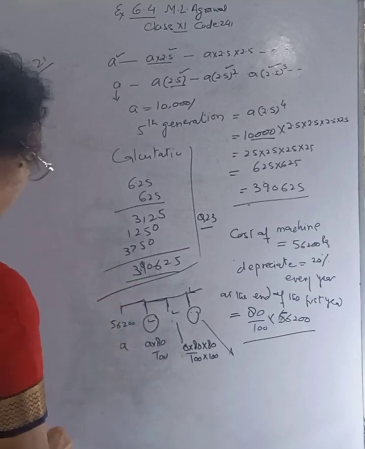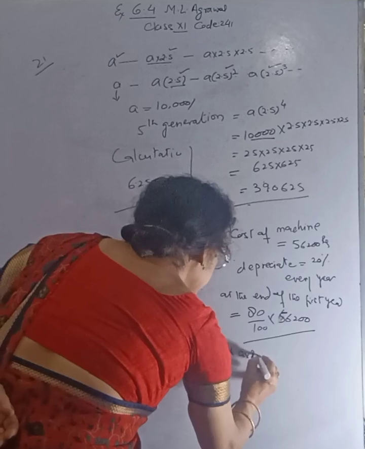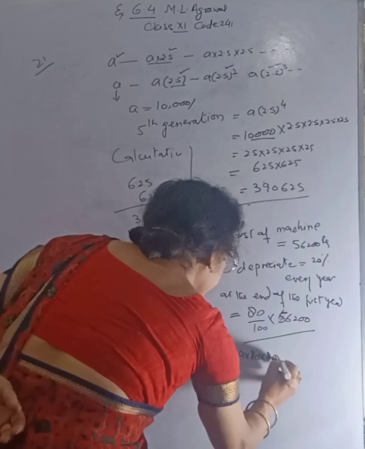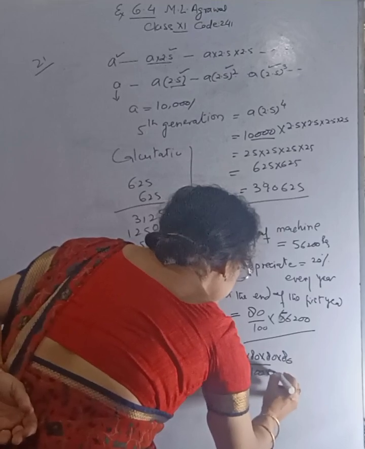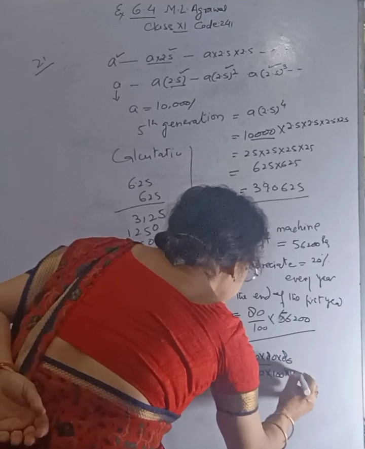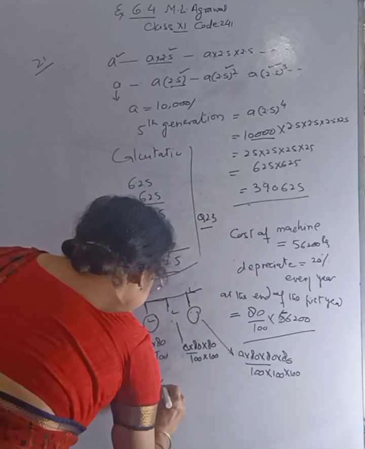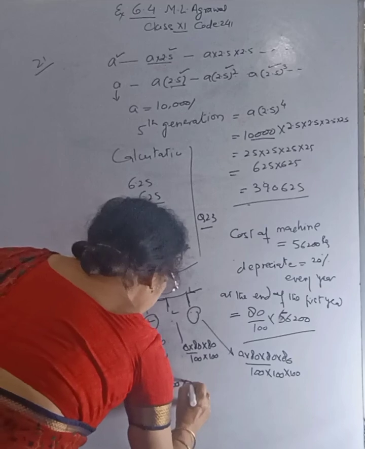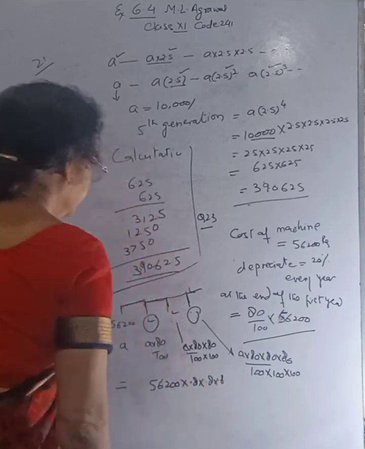It means starting with the fourth year will be A into 80 into 80 into 80%. It means we will get here the value is equal to 56,200 into 0.8 into 0.8 into 0.8.